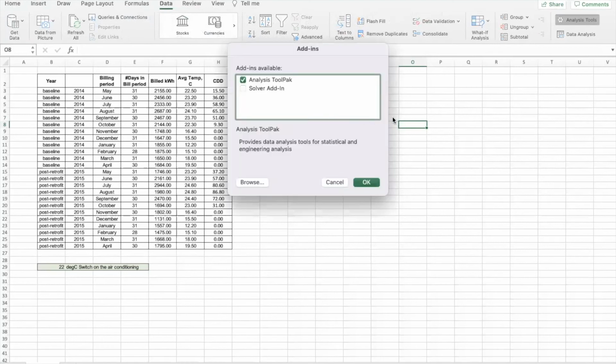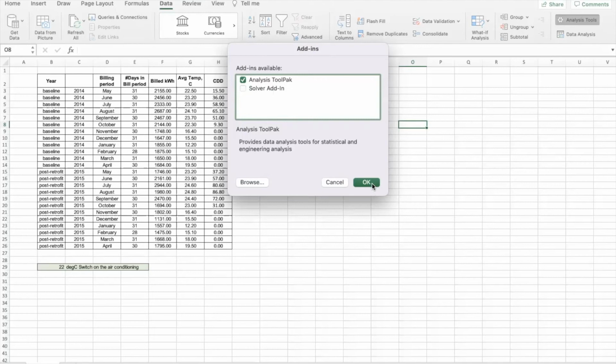Before you apply the linear regression function, you need to search for it. Now I'm using the Mac version of Microsoft Excel, but in the Windows version, this tick box will be in a different place. In the Mac version, I pick the Add-ins and make sure Analysis ToolPak is clicked and deployed.